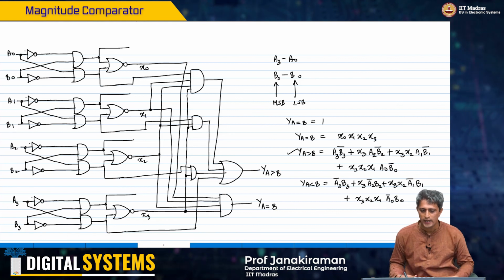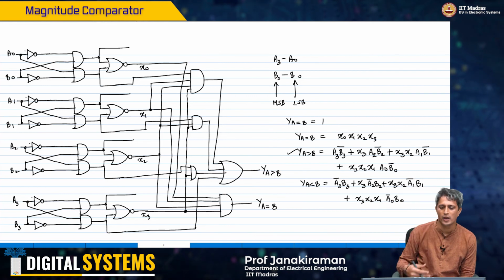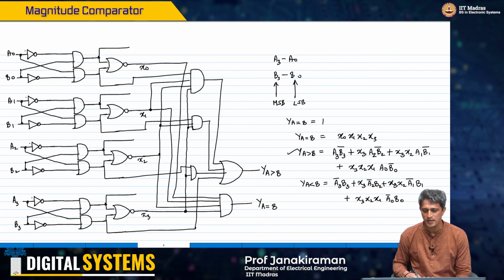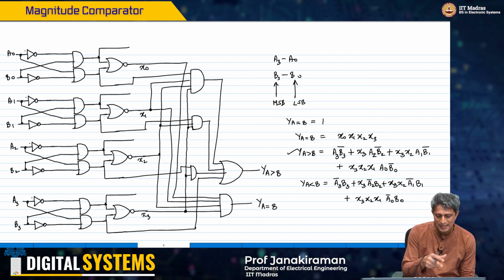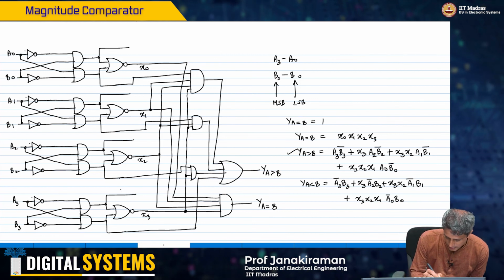Similarly, you can go ahead and construct the exact counterpart for the top signals, that is the A less than B part, that is A3 bar. You can take these signals here and do exactly the same, right?